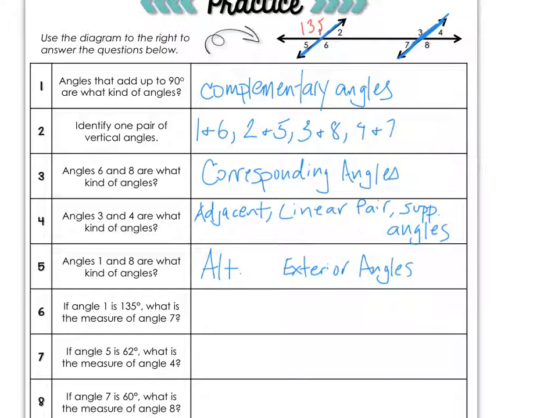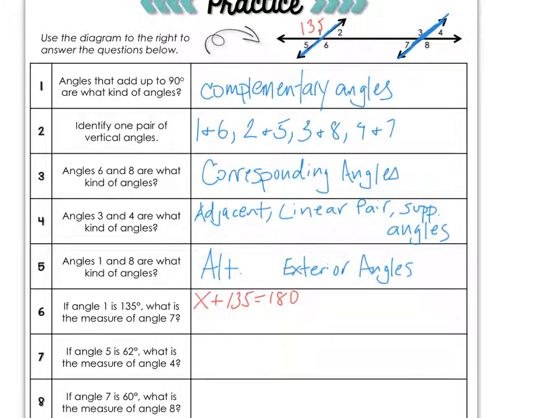I know that angles 1 and 5 are supplementary angles, or a linear pair. So that means they have to add up to 180 degrees. So some number plus 135 equals 180. Solve this equation.